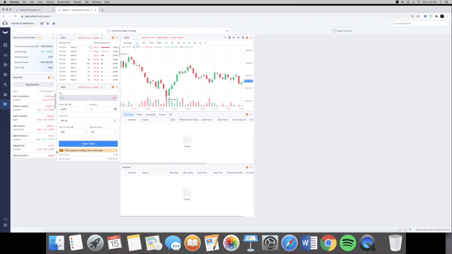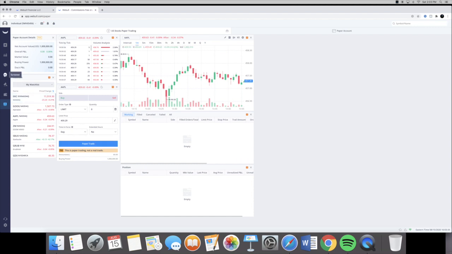They even tell you right here, this is paper trading, not a real trade, just to make sure you don't think you're in a real trade and that you made all this money, and then when you look, oh wow, I couldn't make that money because I was unfortunately on the paper trading side. Everything works exactly the same. You do your trades. The only thing you're going to see here is that it will say paper trade.